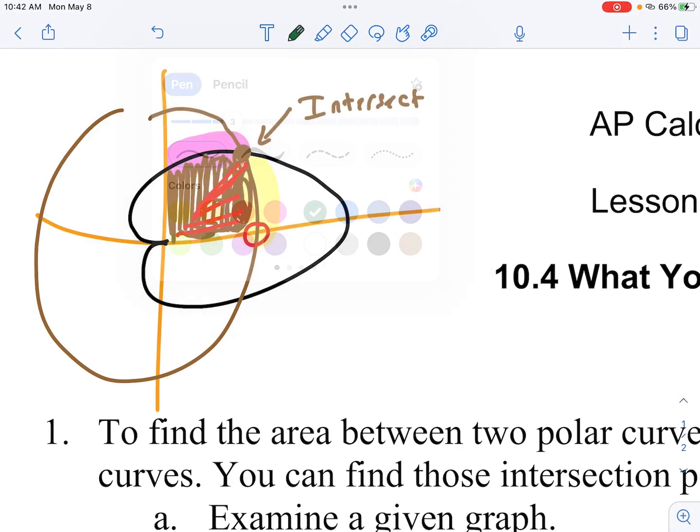Then we're going to find the area of the black there that I've kind of darkened in green. So you really have to keep straight which curve belongs to which piece whenever you are setting these up.